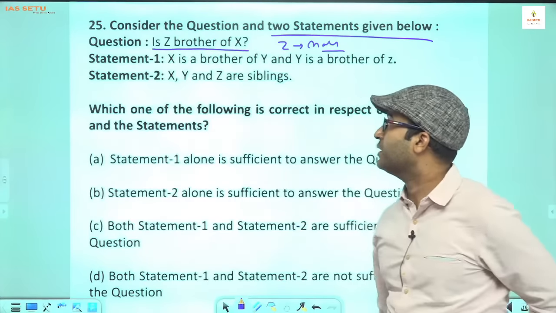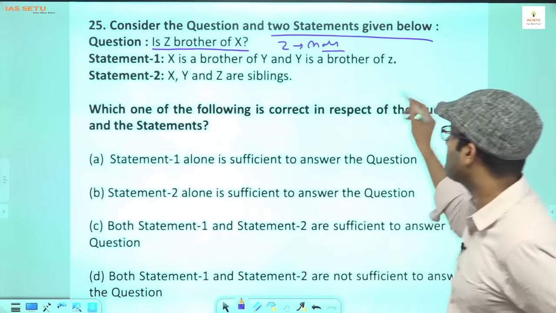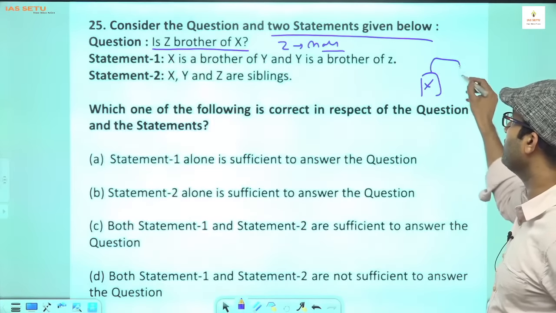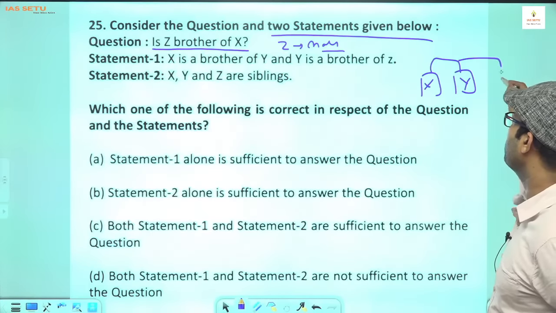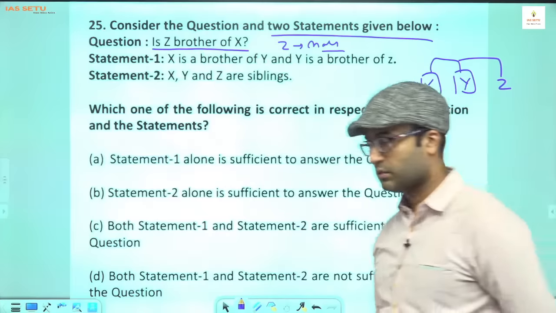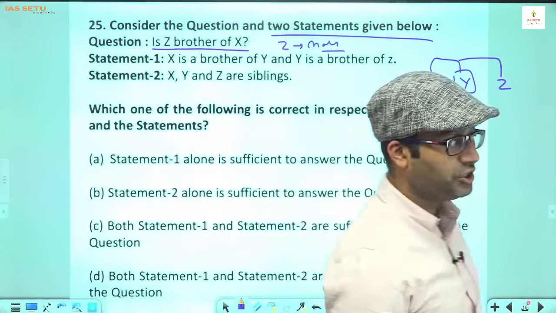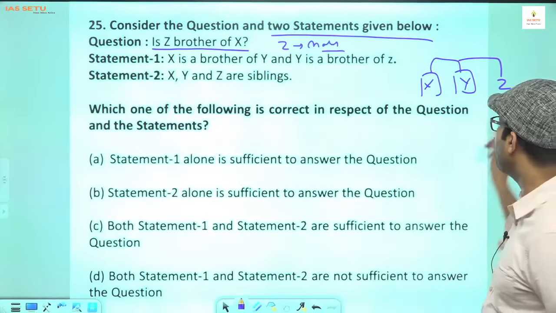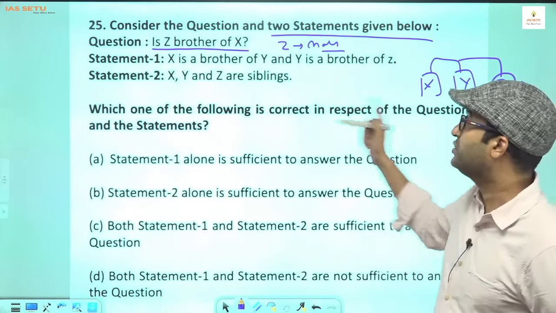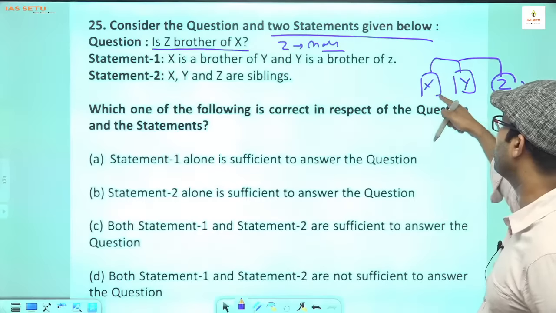I check with statement number 1. X is brother of Y and Y is brother of Z. Z can be a boy or a girl, or we don't know. Z's gender we cannot confirm. If Z is the sibling of X, we cannot say Z is a brother or sister.